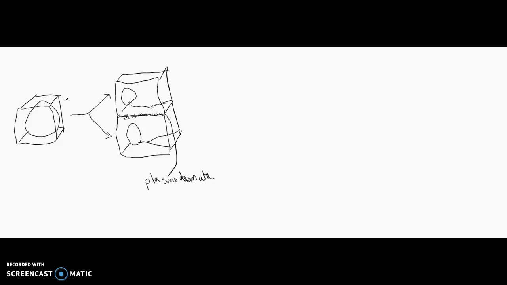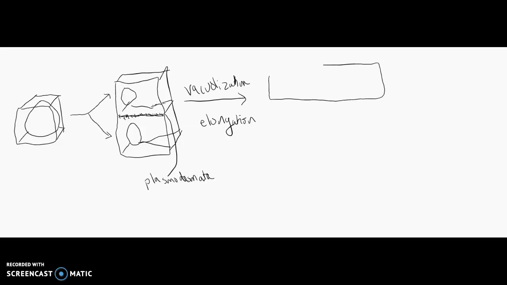And then we're going to start elongation through vacuolization. And pretty early on, there's going to be differences in the amount of elongation that occurs, so that the sieve tube member, or what will eventually become the sieve tube member, has much more elongation than the companion cell.